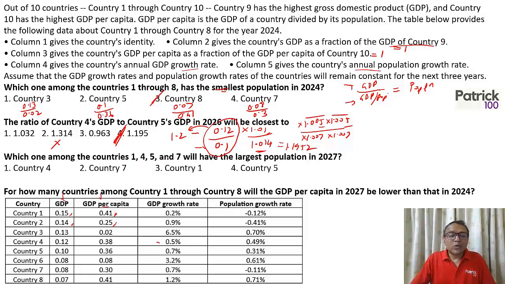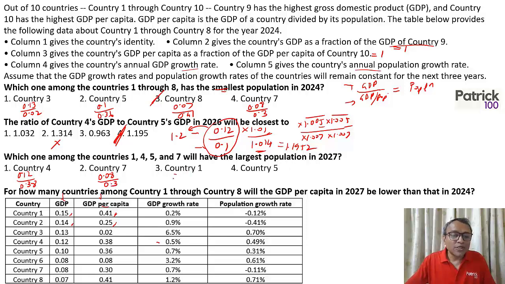Which one among the countries 1, 4, 5, 7 will have the largest population in 2027? Now first find the population in 2024. So again we do the same thing. If you look at country 4, the population will be 0.12 upon 0.38. Then country 7, population will be 0.08 upon 0.3.